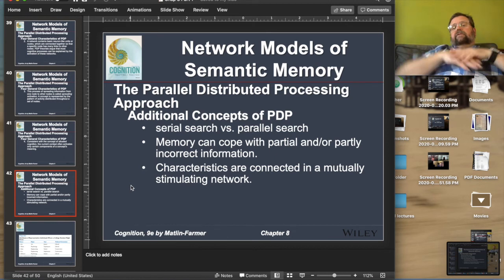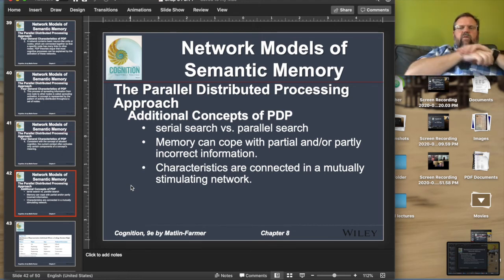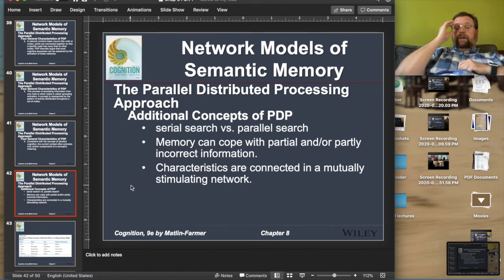This often happens when you're taking a test. You'll remember pieces of what you're trying to remember, but maybe there's a small part that's missing. But even if that small part is missing, you're still remembering several other facts that are connected to that particular concept. And so PDP processing can actually account for this.